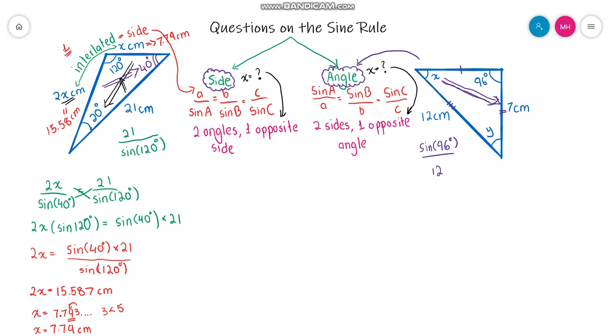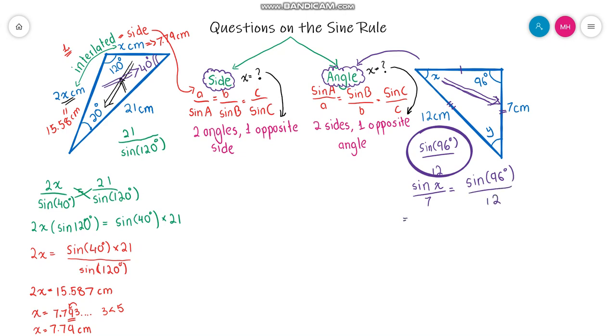So then we're going to relate to find x. We have sine of x over the side opposite to it, which is 7. We equate it to the base which we have, sine of 96 degrees over 12 centimeters.